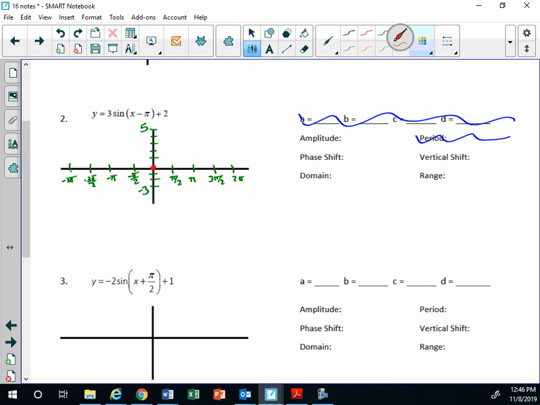So sine starts at 0, 0, then again that next point instead of being at 1 would be at 3. So we're just doing that stretch right away.